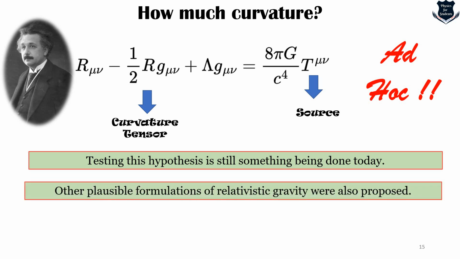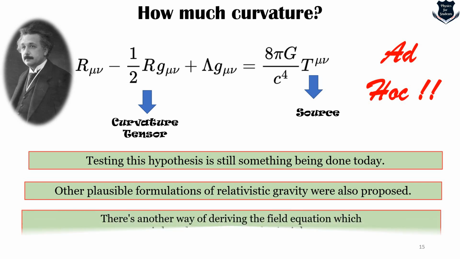Around the time Einstein formulated these field equations, other plausible formulations of relativistic gravity were also proposed. Those were all found to have flaws in important ways, but general relativity can be regarded as the relativistic gravity theory that best fits the data.